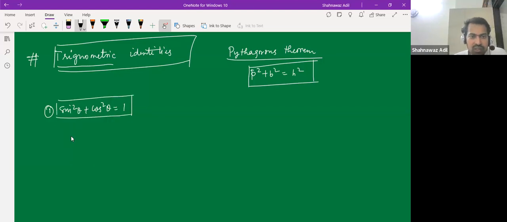We have three special trigonometric identities, and we will talk about them one by one. So first is this. How can we prove this?